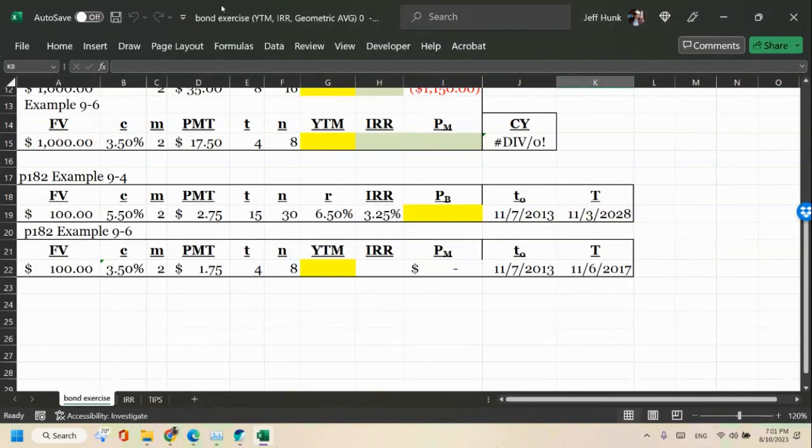So let's do this example. Remember, this is the price. We want to use the price function, right? To use Excel's price function, we need to express all the prices in percentage of the face value. So this is 100% of $1,000, right? Ignore that dollar sign. It's not $100.